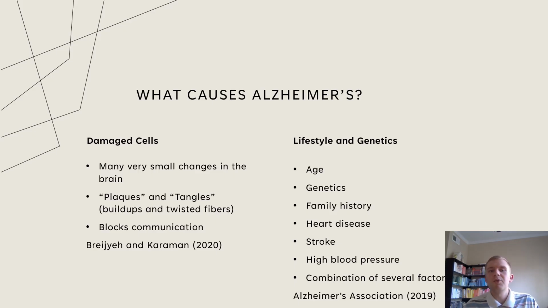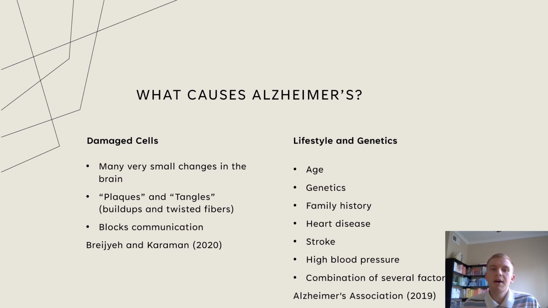Now we'll be looking at what causes Alzheimer's disease, and I should note here specifically that there is not a direct cause that scientists have discovered for Alzheimer's, but what we do know is that there are a few things that are linked to Alzheimer's. The first thing, and this is what scientists can measure, are damaged cells.